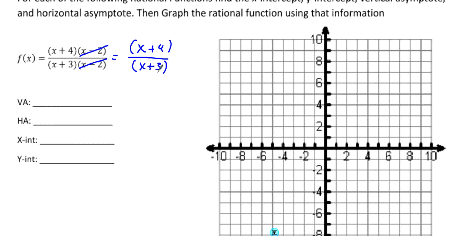Because basically what's happening here is if I had done my original information without doing that, I would have had an x-intercept at (2, 0) from the numerator, and in the denominator I also would have had a vertical asymptote at 2.